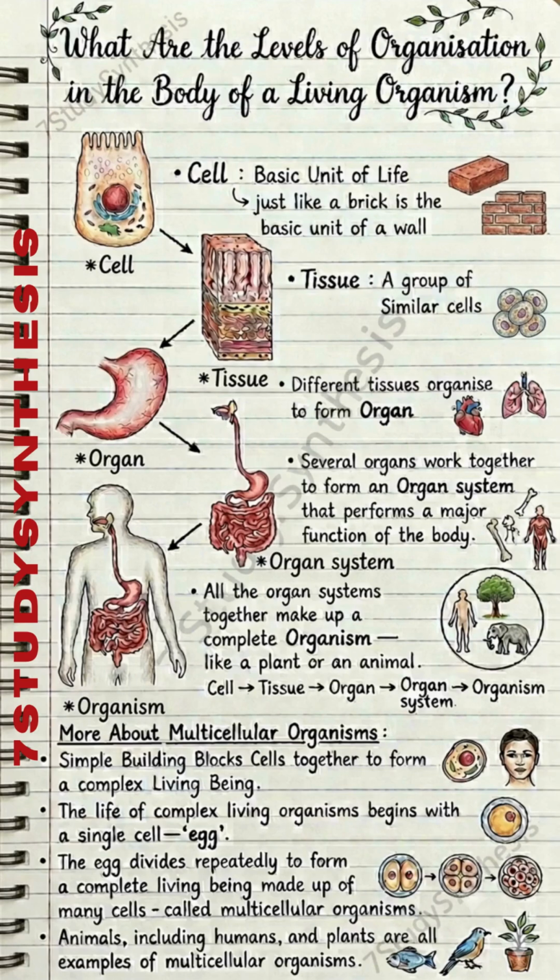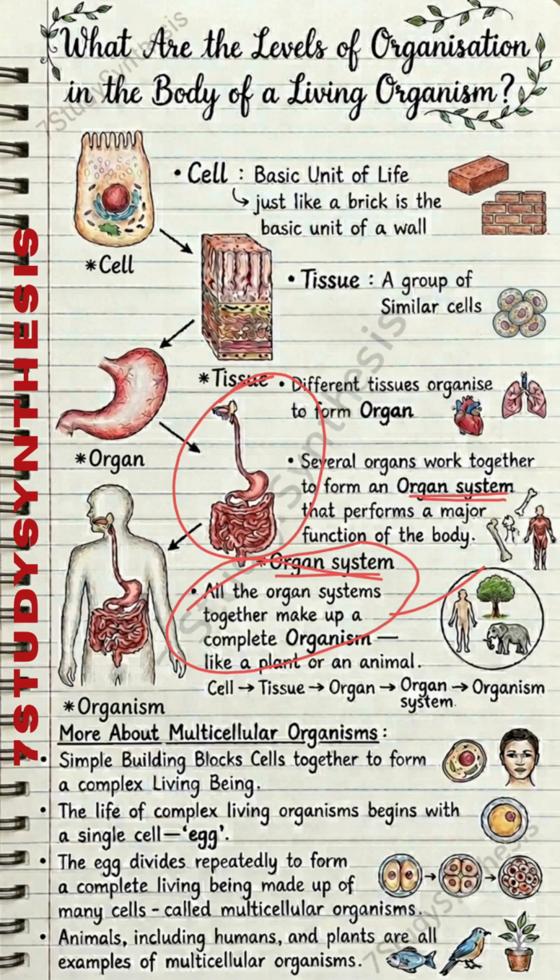Now organs, when they combine and work together, form various systems called organ systems. They perform all the major functions of the body. You can see here the digestive system. In the same way, there are the circulatory system, excretory system, reproductive system, right? And when these organ systems combine, they form various organisms.